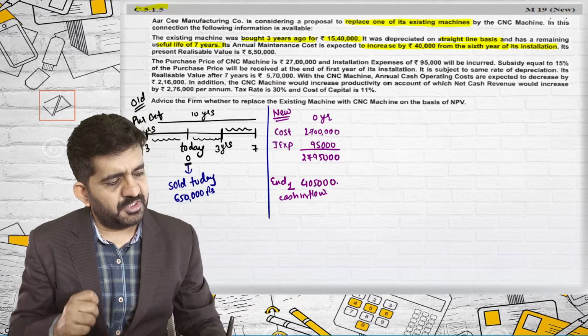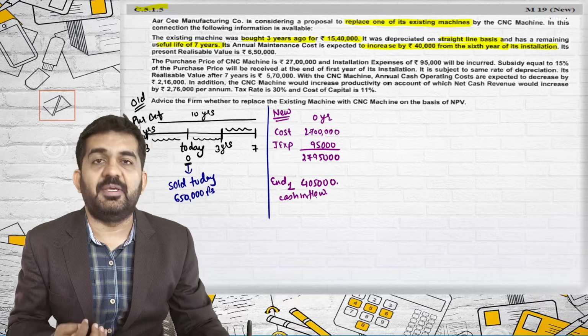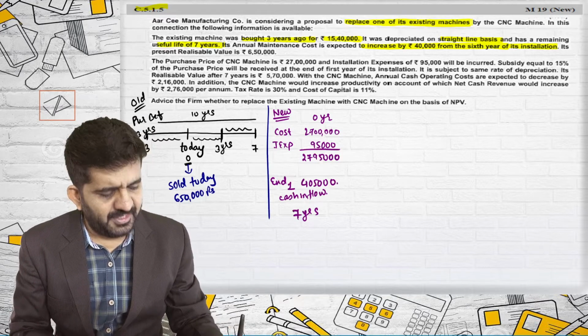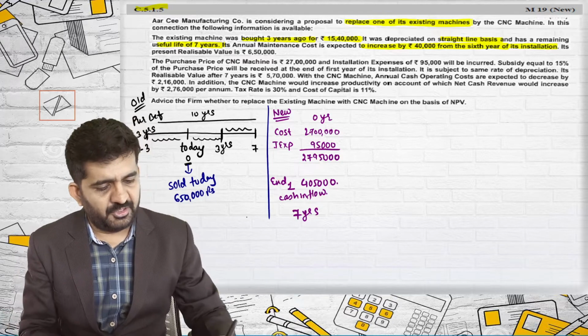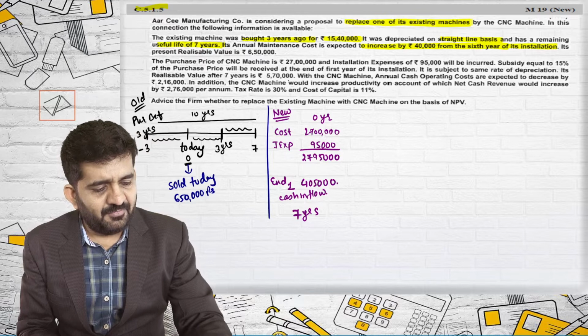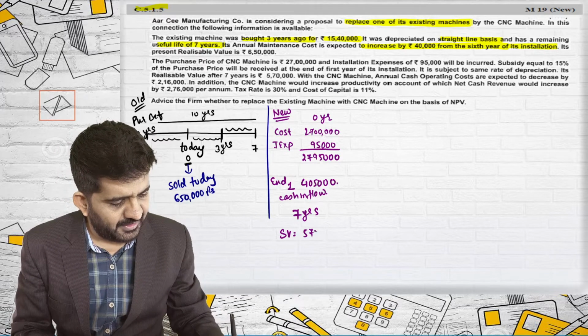It is subject to the same rate of depreciation. So now this machinery will be having a useful life of 7 years. And it will be having the same straight line method of depreciation. Its realizable value after 7 years, this is scrap value, 5,70,000.